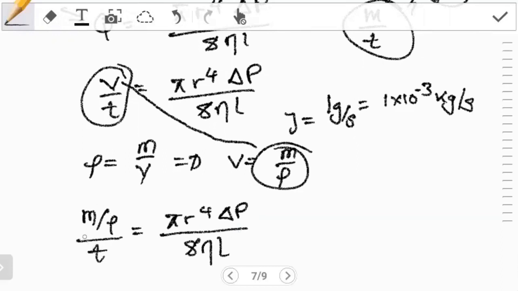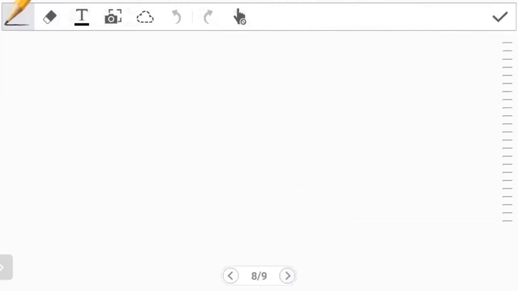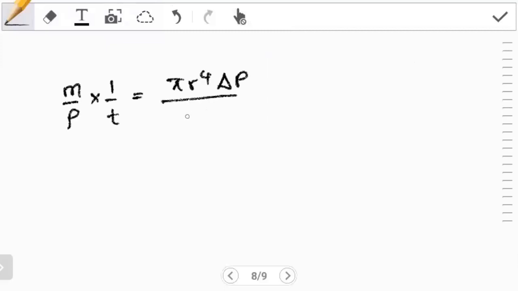Now we simplify this expression into a single fraction, and you guys should see that what we have is m over rho multiplying 1 over t equal to, so the right hand side is just pi r to the 4 change in p over 8 coefficient of viscosity, multiplying L.